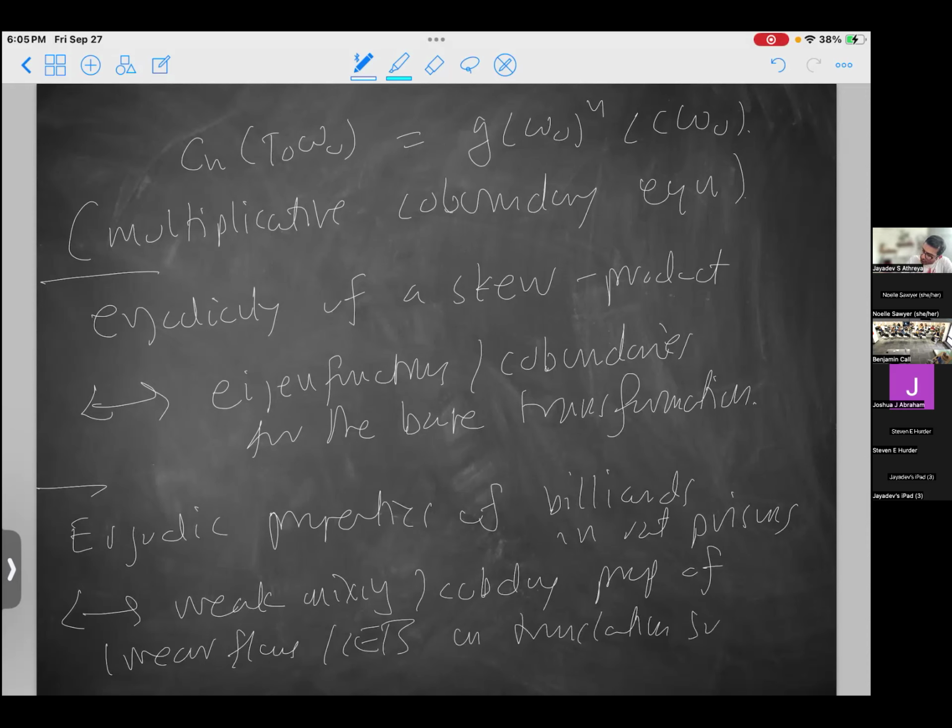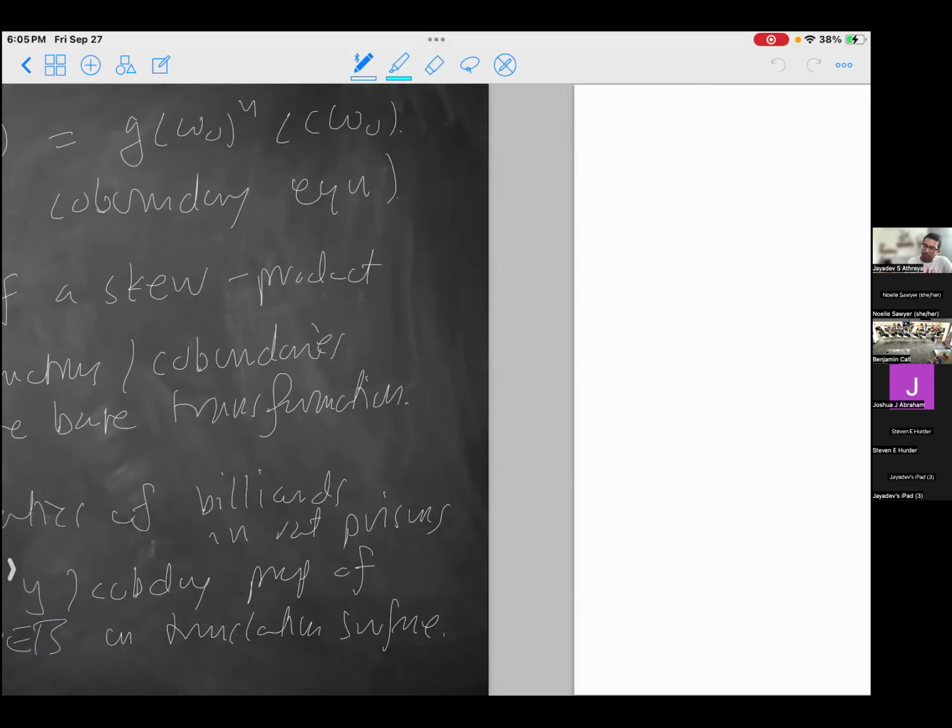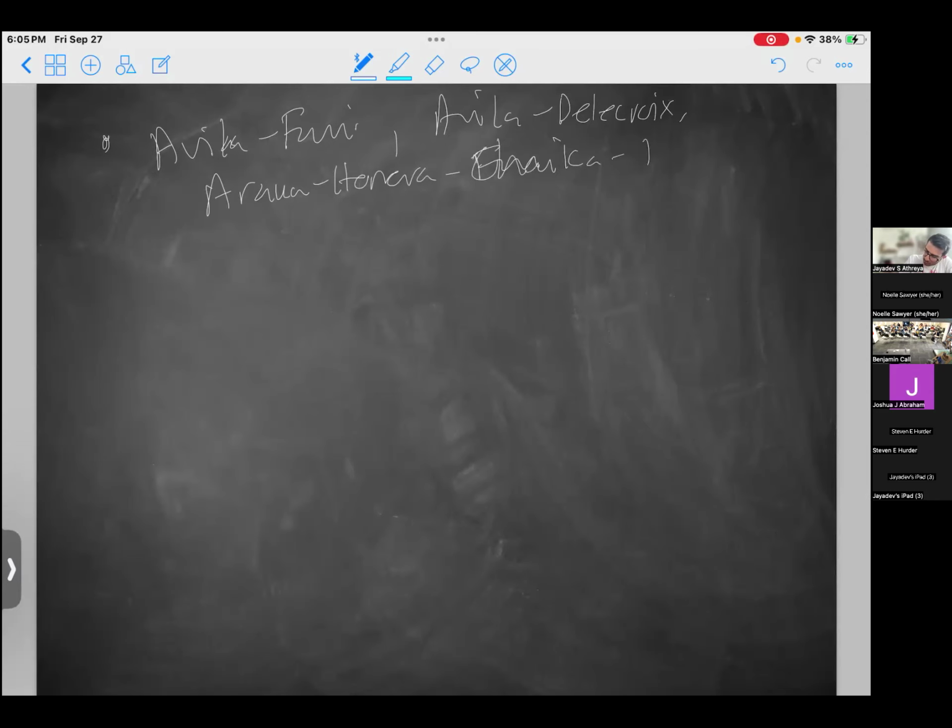We still have to do a lot of work, especially for our explicit construction. But for our results about most, we're using crucially results of, and I really want to mention these names: Avila, Forni, Avila, Delecroix, and then very recently, this just popped up on arXiv, Arana-Herrera, Chaika, and Forni. And these are incredible papers.